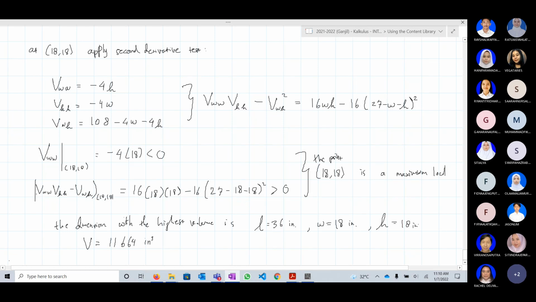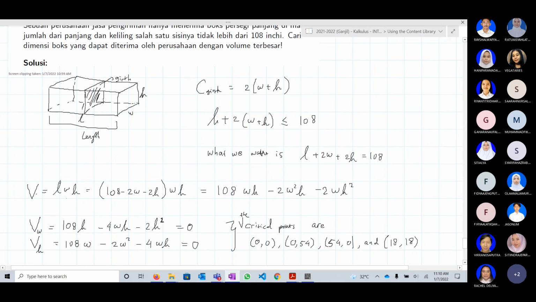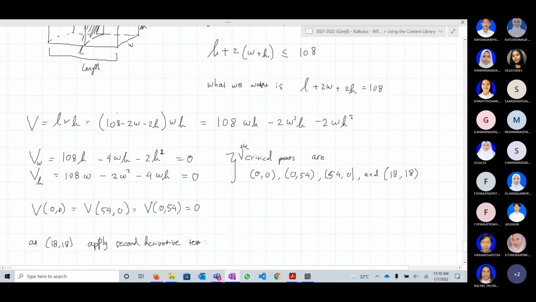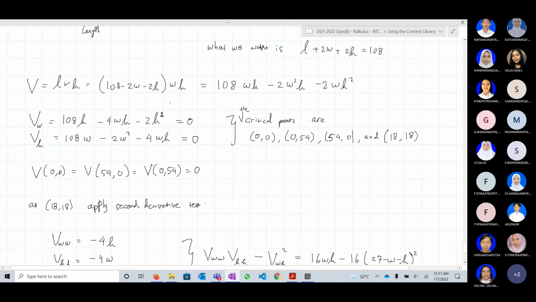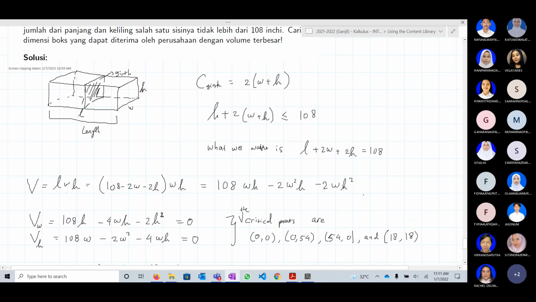The procedure for this, ya. Jadi kalau kita punya soal seperti ini, maka sebaiknya kita gambar dulu seperti sebelum UTS. Digambar dulu, kemudian kita kasih label. Setelah itu kita tentukan rumusnya. Karena volume, maka kita punya volumenya seperti itu. Karena kita punya aturan bahwa total dari panjang dan keliling salah satu sisinya tidak lebih dari 108 inci, maka L tambah 2W tambah 2H sama dengan 108.